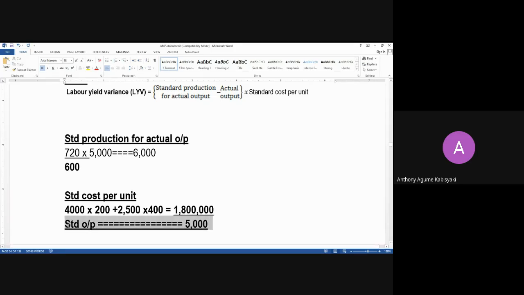So that means that our standard cost per unit in this case is 360 shillings.